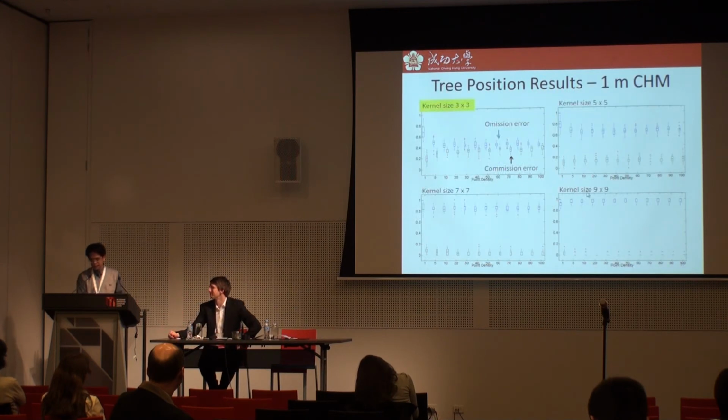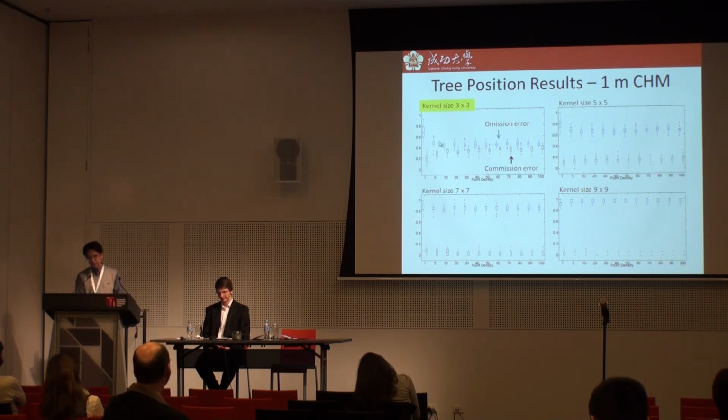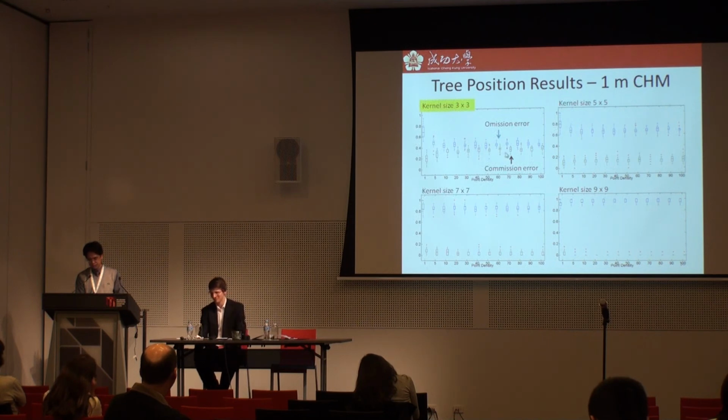All right. So for the tree position results that we showed, using the 1 meter CHM with different kernel sizes, we evaluated the omission error and the commission error, and we found a kernel size of 3 by 3 has the best results here.